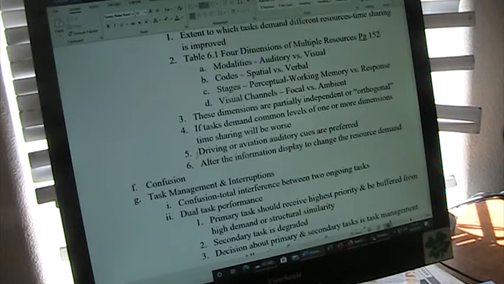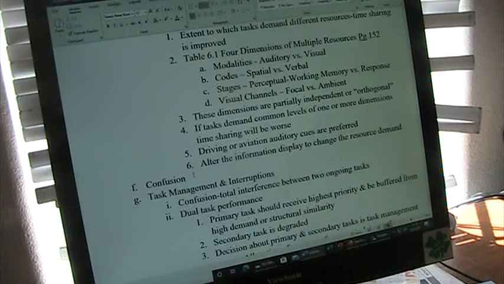For example, in driving or aviation, auditory cues are preferred because the visual aspect is being used and using up a lot of your working memory at the time. If we're going to have a time-sharing task, we want to alter the information display if we're going to change the resource demand.